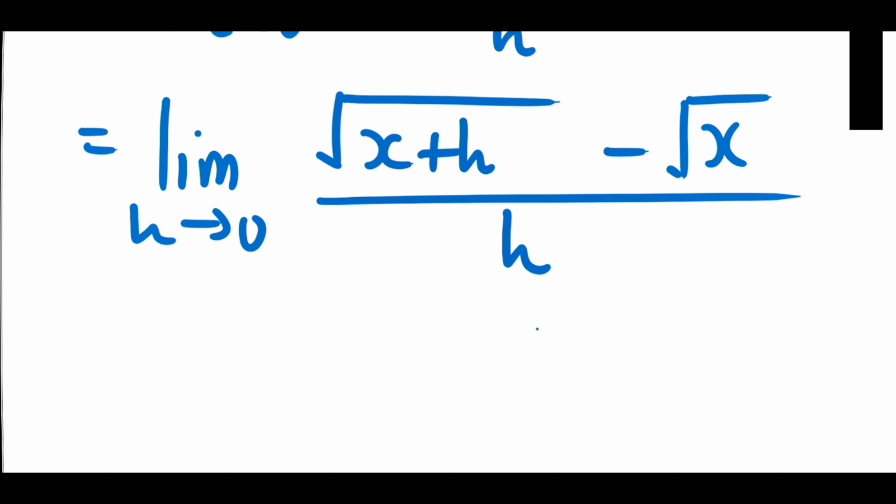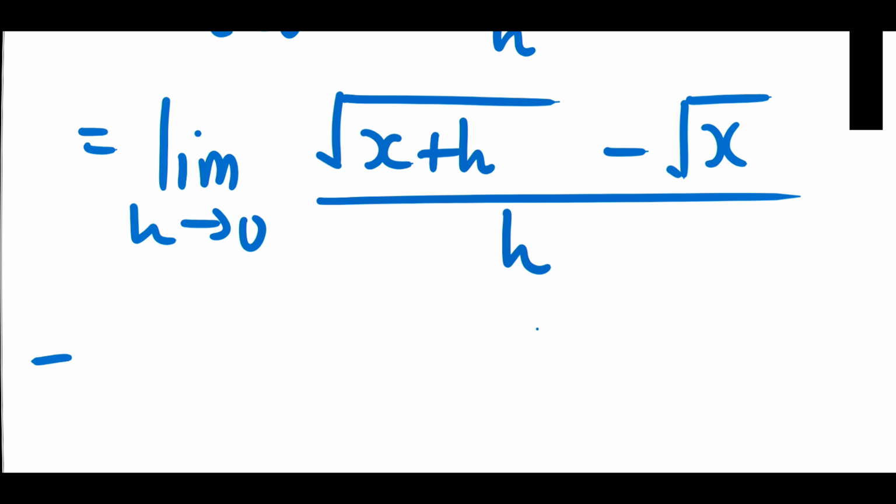Since we have square root of x plus h minus square root of x, the conjugate of the expression becomes the square root of x plus h plus square root of x, where the sign minus changes to plus. So that is the only thing that we will be using. And you need to use it to multiply both the numerator and the denominator, which is the concept of equivalent fraction. So we are applying the concept of equivalent fraction over it.